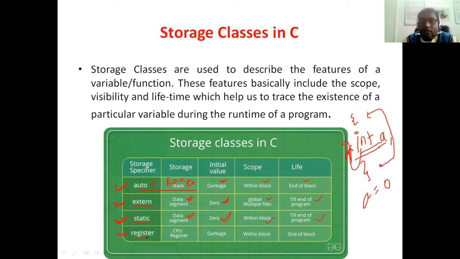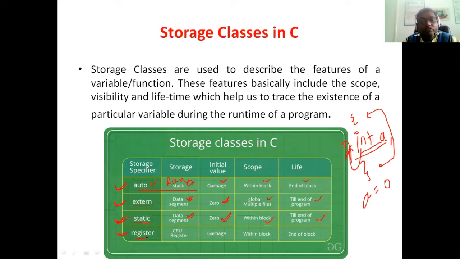But if you have a number of variables in your program, it will be difficult to allocate memory for that many variables in the CPU register, because we have very little space in the CPU register.